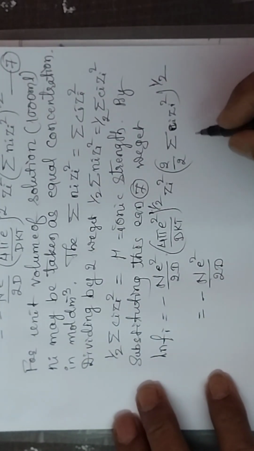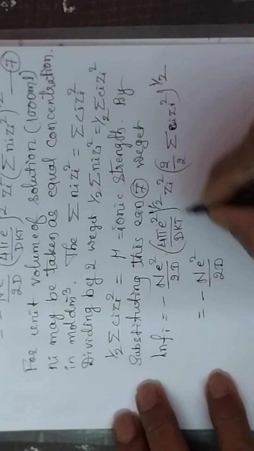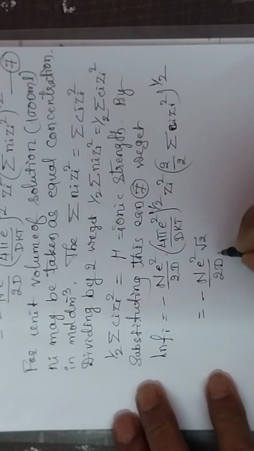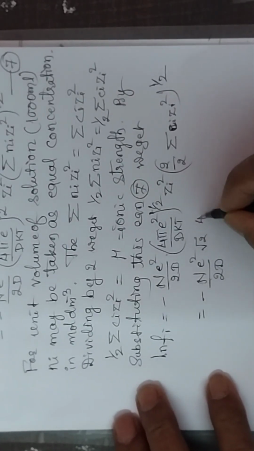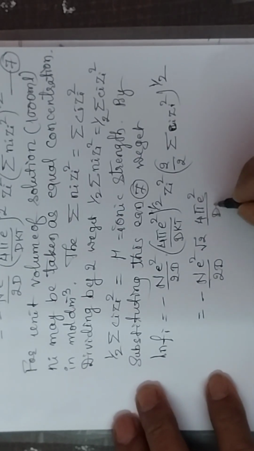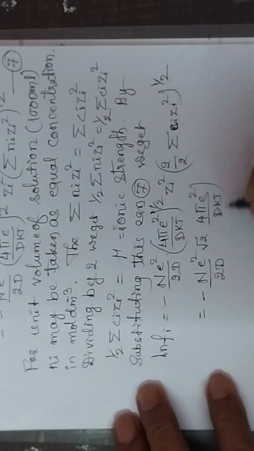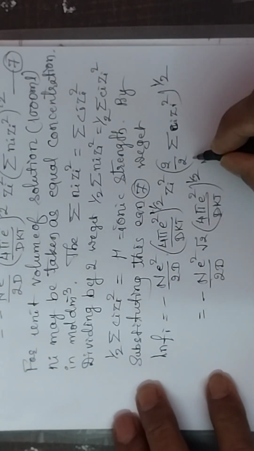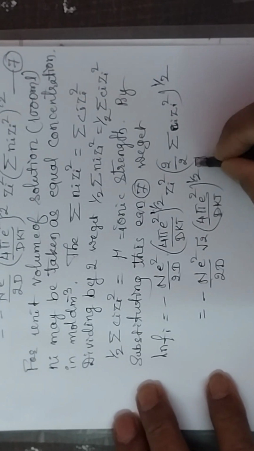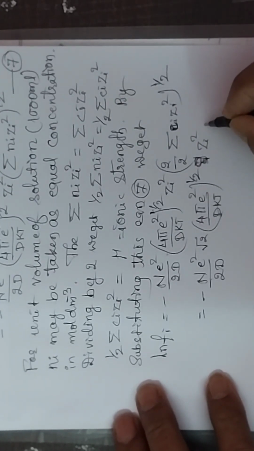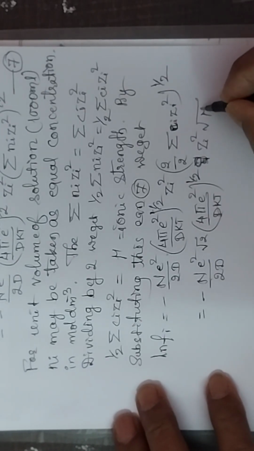This may be taken as equal to minus n e square divided by 2d, then here we may take root 2 this side, and this becomes 4 pi e square divided by d k t raised to half, and this is taken as equal to mu, that is equal to z. Let z be as it is, zi square, then root mu.